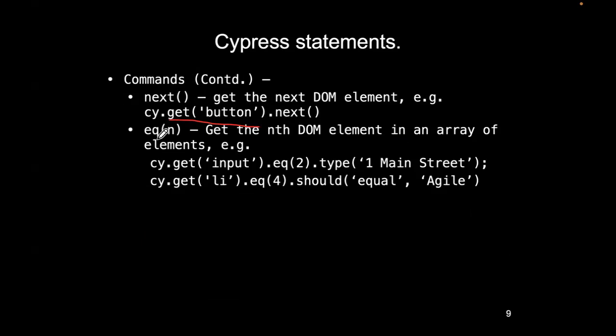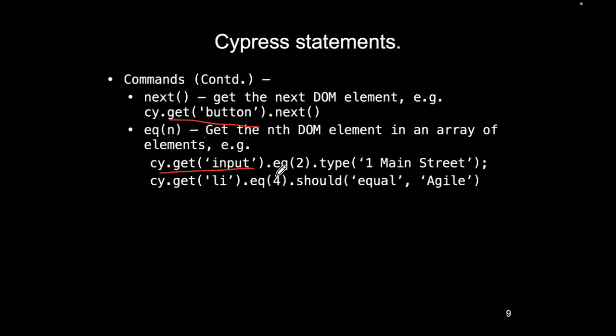The eq or equals command gets the nth DOM element. If we look at the example first, cy.get input. Supposing there are a number of text boxes on the current page. So cy.get input will return an array where each element in the array is pointing at a text box element on the page.